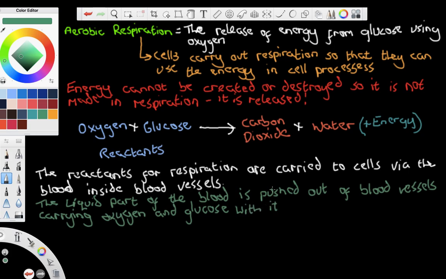This brings us to our next keyword for this lesson, and a new one to you guys, the word tissue fluid. Tissue fluid.